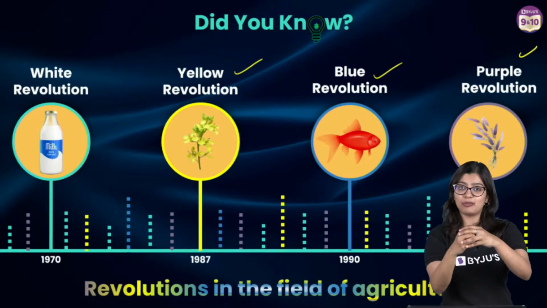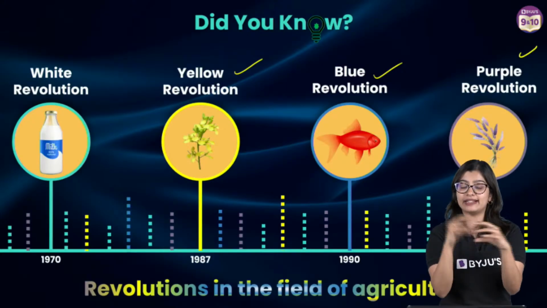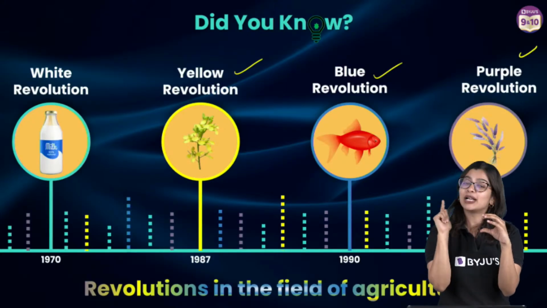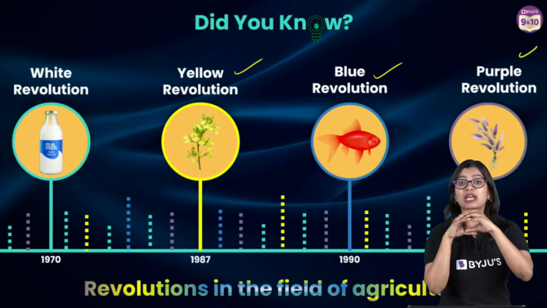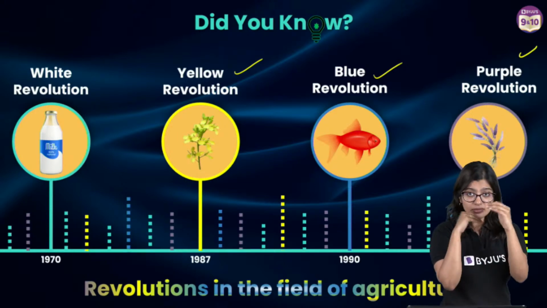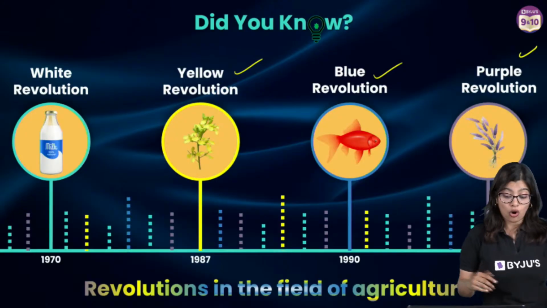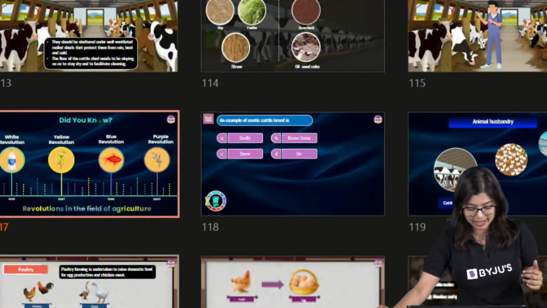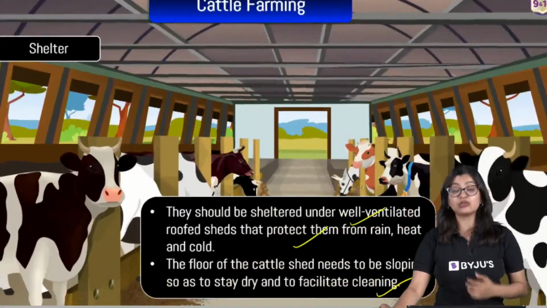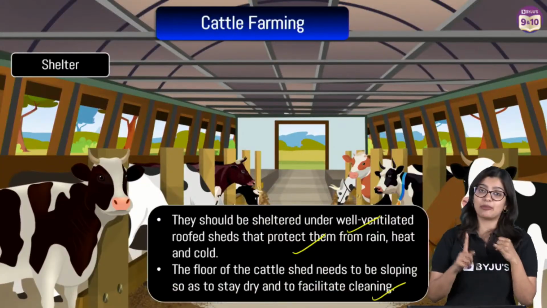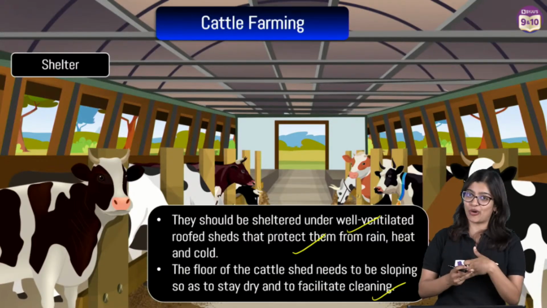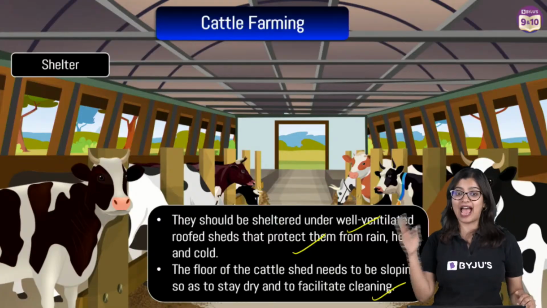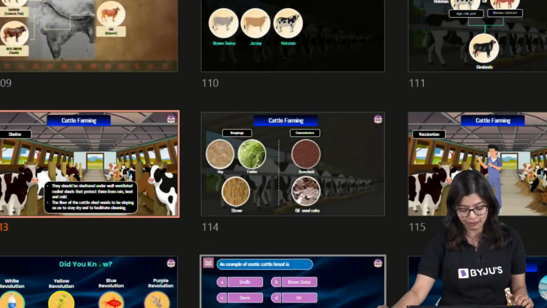Now when we create a hybrid of this, we get a hybrid variety that is not only disease resistant but can produce the maximum amount of milk. Apart from this, we also need to take care of them. So making sure that proper conditions are maintained, giving them a proper diet, and ensuring that they are treated well and vaccinated is necessary for us.